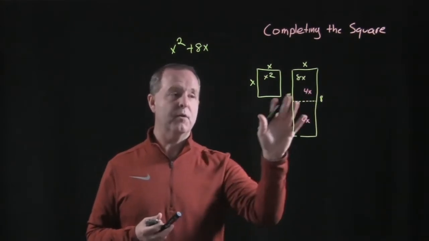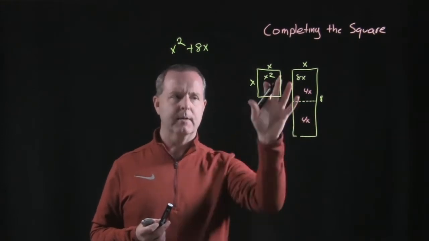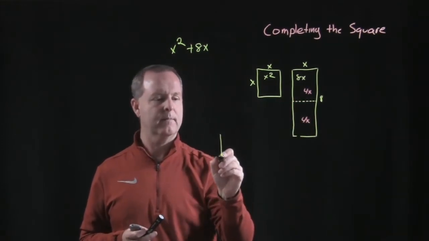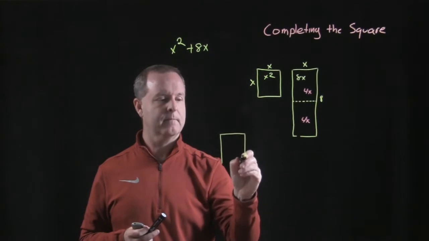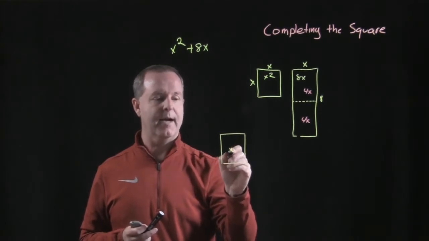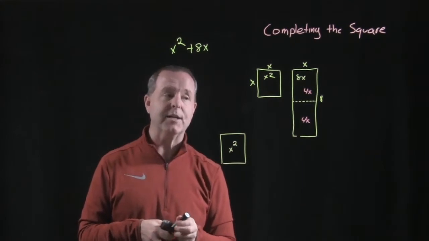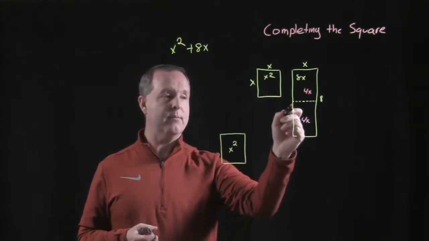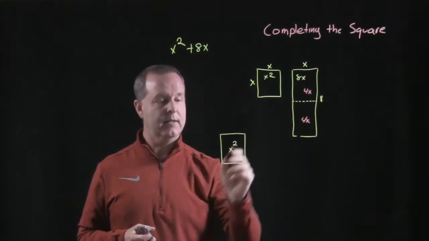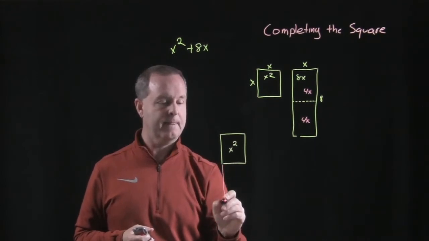Then I'm going to take both of those pieces and rearrange them. Let's bring the x squared term right there. That was our x squared. Let's take one of these 4x's, and I'll draw it in pink just so we have an idea. This bottom one, I'm just going to shift it down right underneath of here.